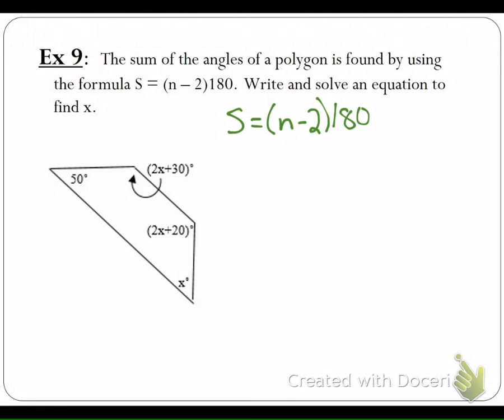Now, S in this case stands for sum. N in this case stands for number of sides. So, S means sum. I'm going to add all these up.